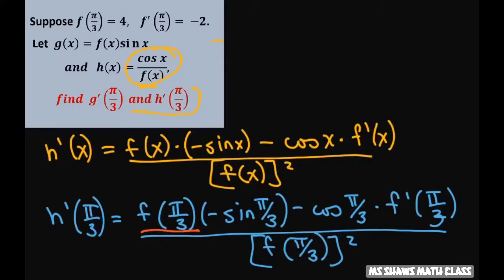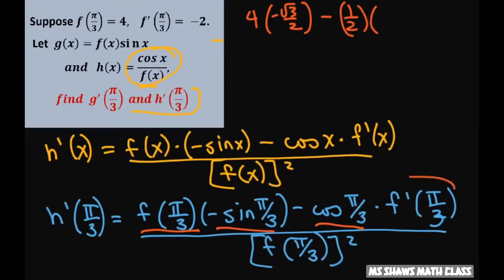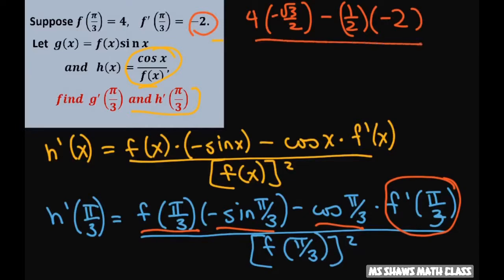F of pi divided by 3 is 4. Negative sine of pi divided by 3 is negative square root of 3 divided by 2 minus cosine of pi divided by 3 is 1/2 times f prime of pi divided by 3 is negative 2, and all divided by, this is negative 2 squared.